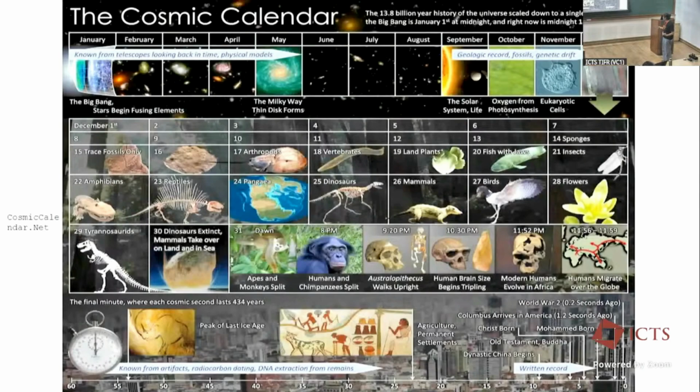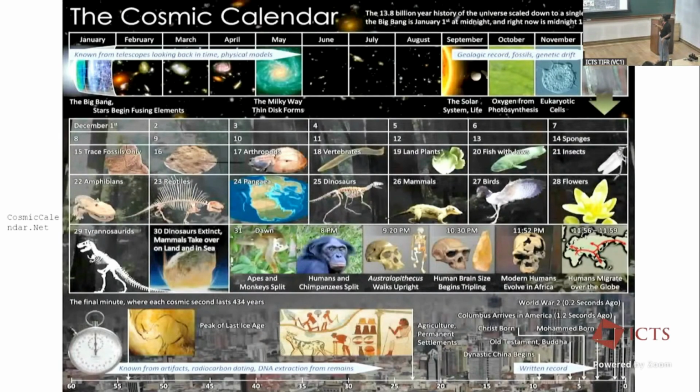And right now, when I'm giving this talk, is December 31st, almost 11:59. Humans came into this picture in this cosmic calendar on December 31st, say 11:50 p.m. I know where humans start is a different question, but around 11:50 in the night of this calendar year is when humans came into the picture.